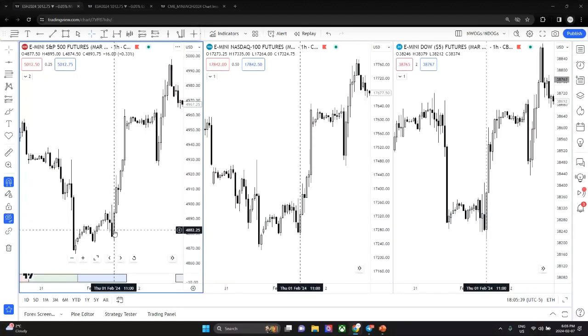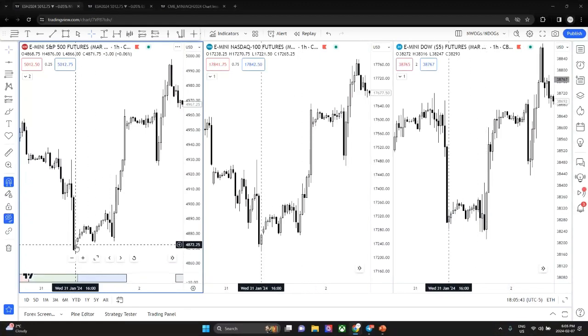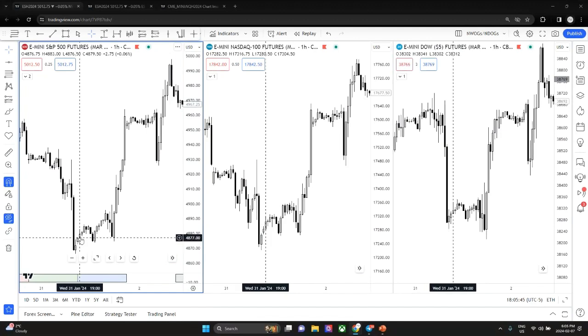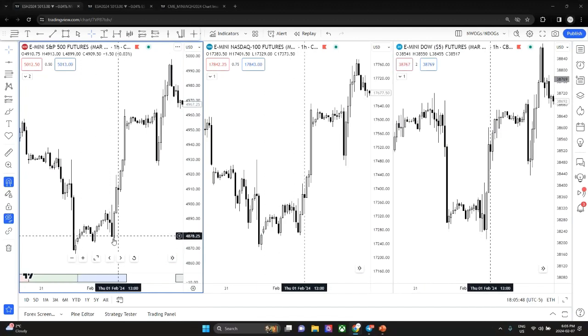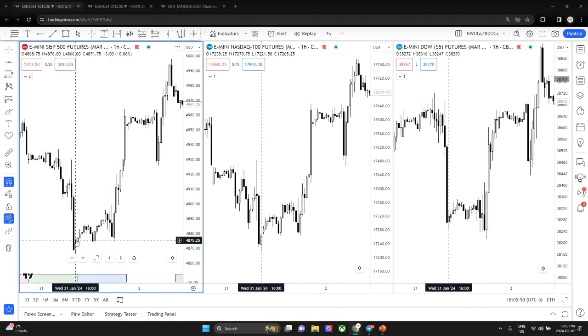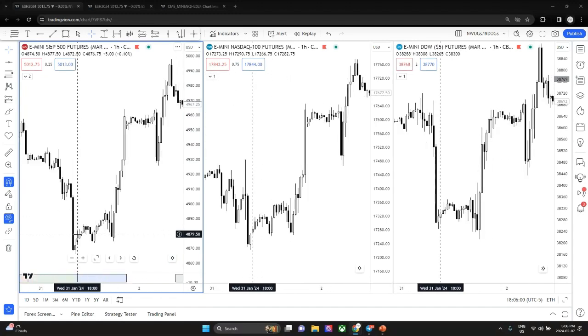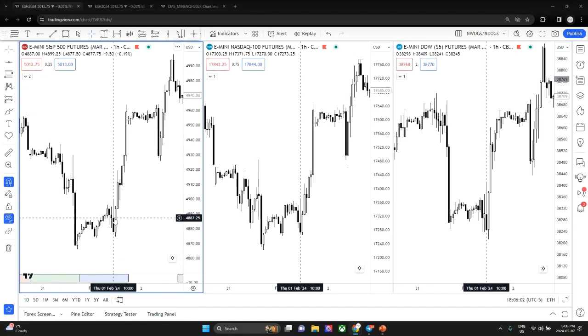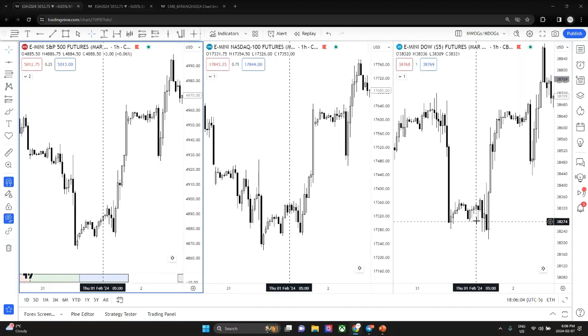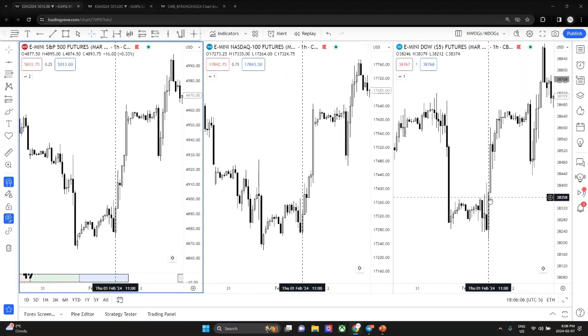This low right here failed to break below this one during Thursday's price action. This low was formed on Wednesday, which I believe was the low of the week, before Thursday occurred for Dow Jones.